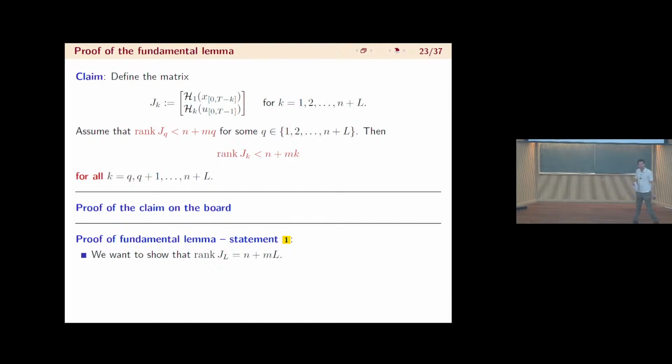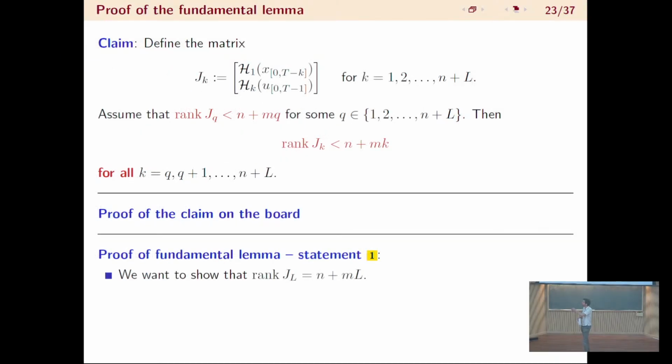Now we want to prove item 1 using this claim. So, remember, item 1 using this notation now can be reformulated as follows. So I want to prove that the rank of JL is exactly equal to n plus ml. I'm going to prove that by contradiction, so let's assume that that is not the case.